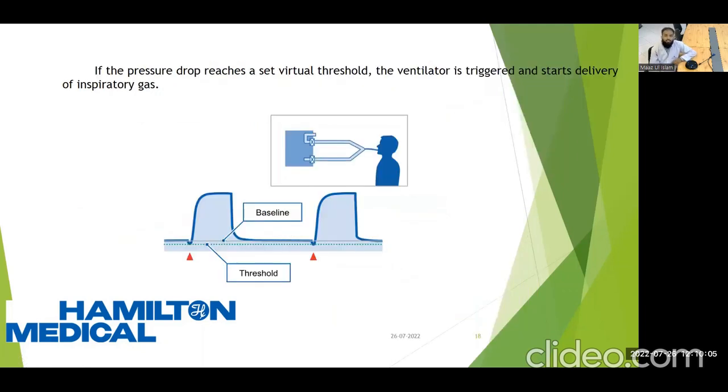If the pressure drop reaches the set virtual threshold, for example if you set the pressure trigger at minus 2, minus 0.5, or anything else, the ventilator is triggered and delivers the inspiratory gas. The ventilator assists according to the trigger sensitivity from the patient side.